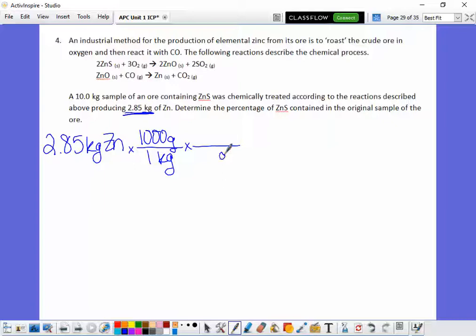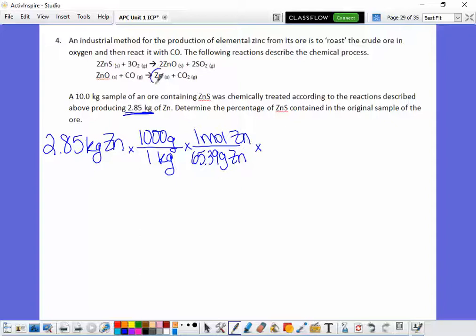Now we can go from grams to moles using the molar mass of zinc, which is 65.39. And now I'm at moles of zinc.